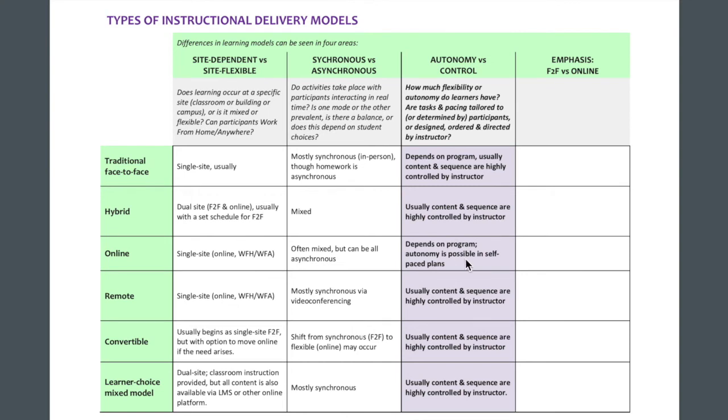In online, you do have the option of very close to full autonomy in the case of a self-paced plan, and even, I suppose, a course where things don't need to happen in a particular sequence. I don't think that's very common, but I guess it's possible.